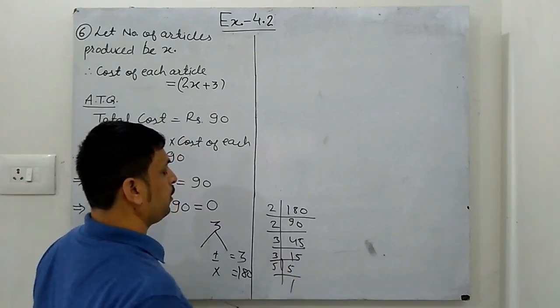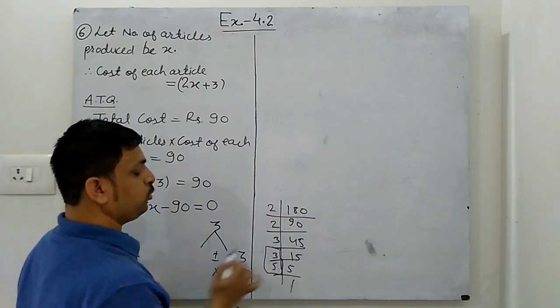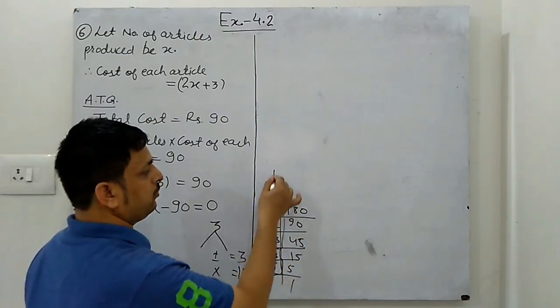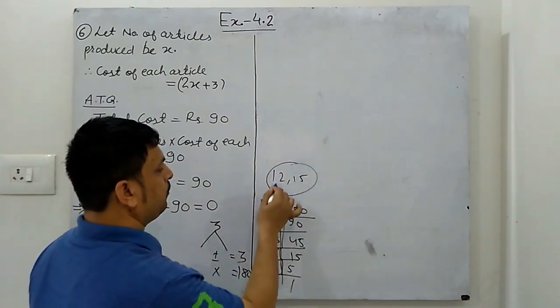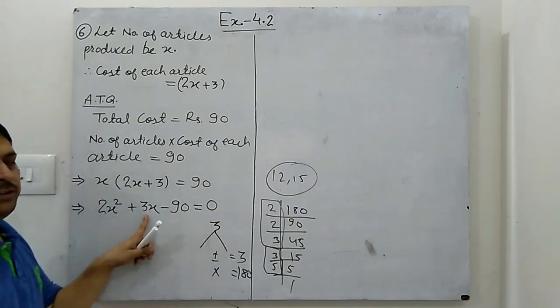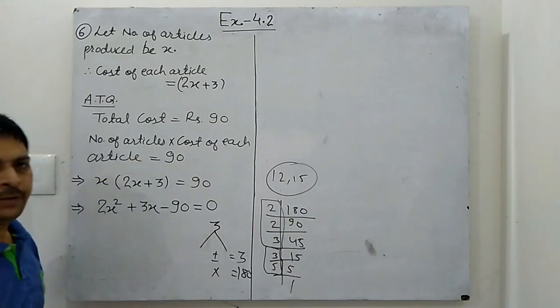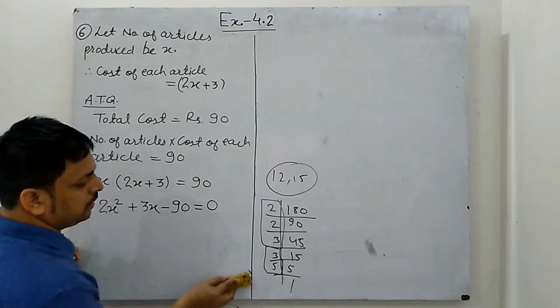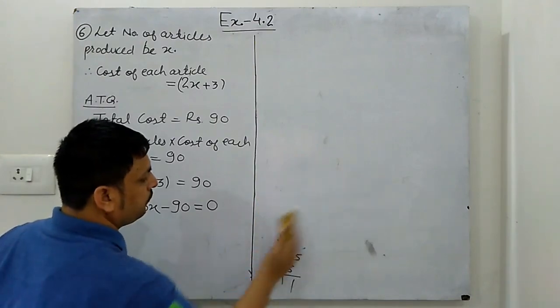So you can see it is 5 into 3, 15, and 2 fours are 12, 4 threes are 12 and 15. By 12 and 15 we can get 3, because 15 minus 12 is 3, and product should be 180. Clear? So the numbers are 12 and 15.